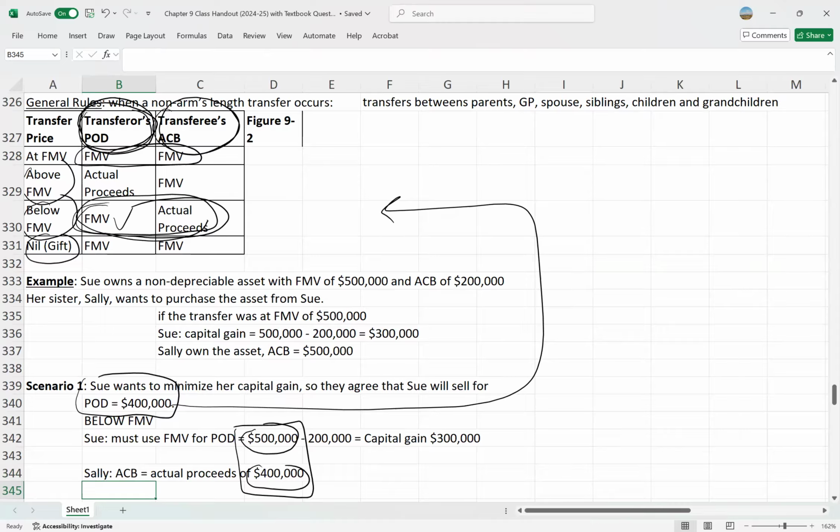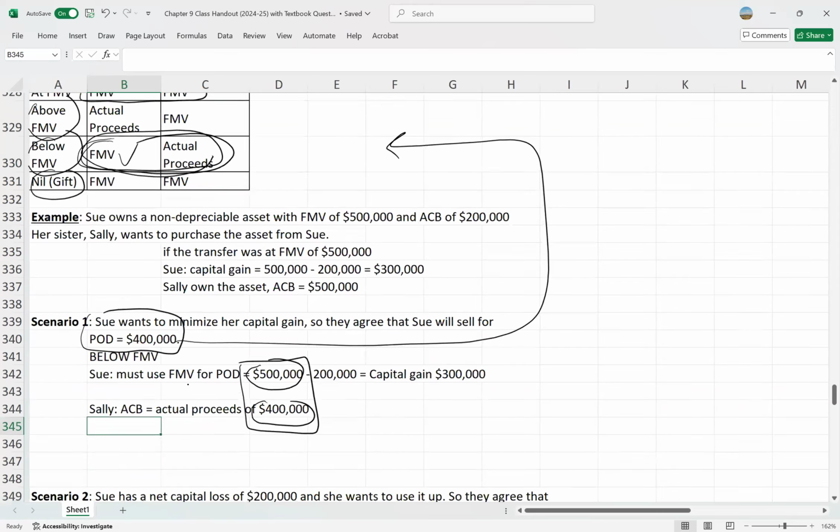These rules are put into effect to discourage non-arm's length individuals from using a value other than fair market value. So it basically tries to force them to use fair market value when they sell property between non-arm's length parties. Otherwise, they're going to be penalized. Any questions about scenario number one?